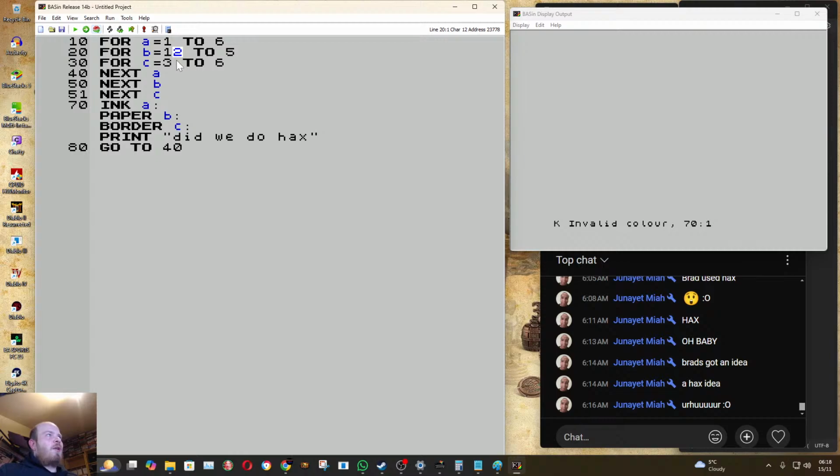I think I need 1 in all of these positions. Invalid color. For some reason in this memory address, there's a wrong number. It's meant to go through the different colors. That's what I'm trying to do, right?